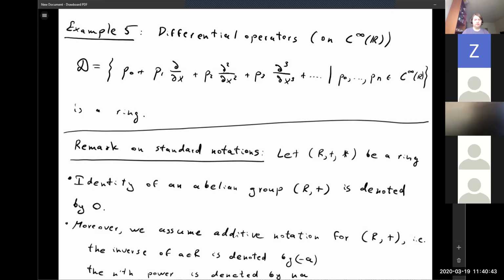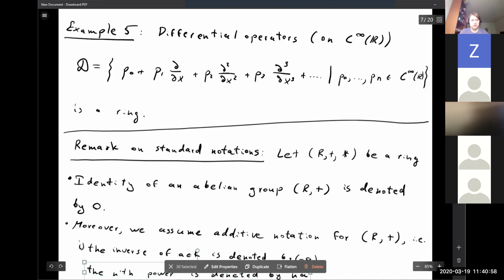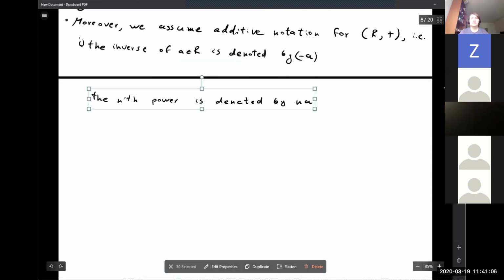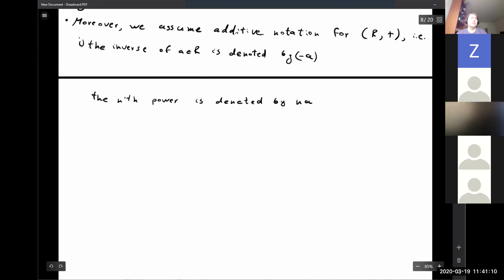So this na is nothing but a plus all the way to a, and this is n times, when n is greater than 0.